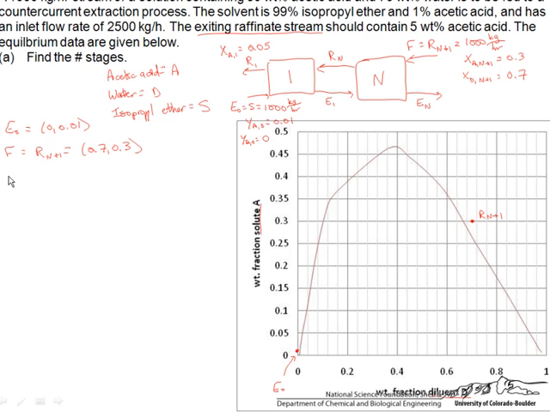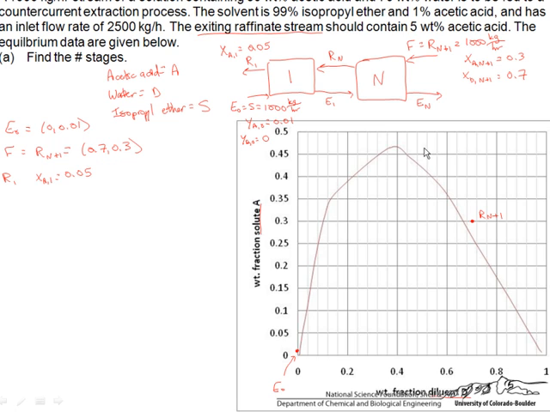Another point we know is R1, and for that point we know that XA1 equals 0.05. Well, let's talk about this for a second. This is the raffinate stream. That means it's going to be high in diluent and not going to contain very much solvent.